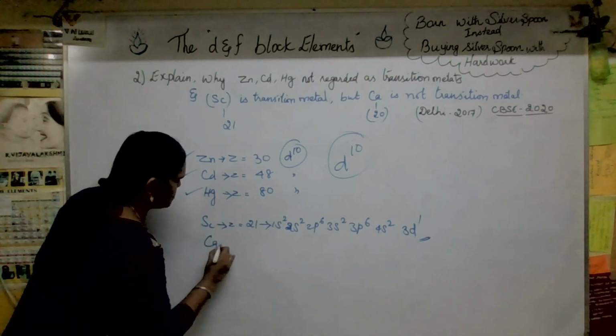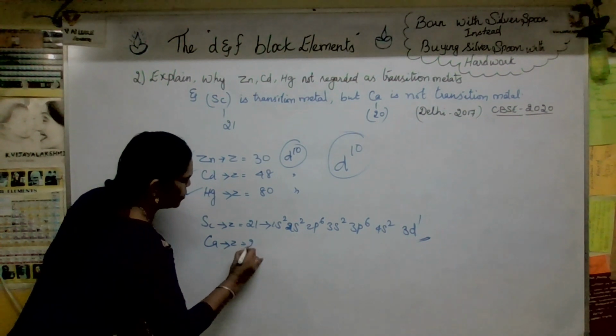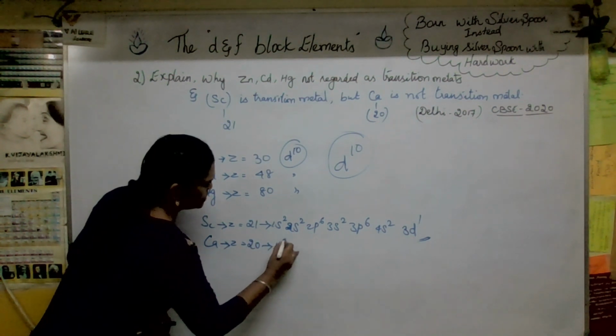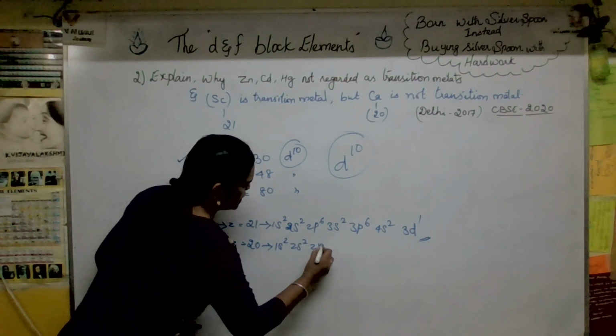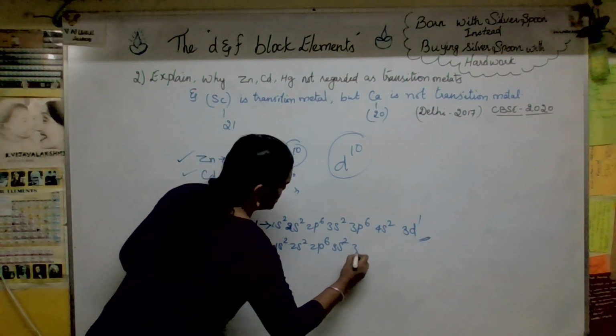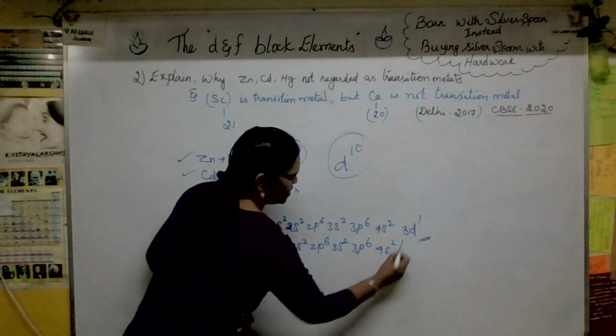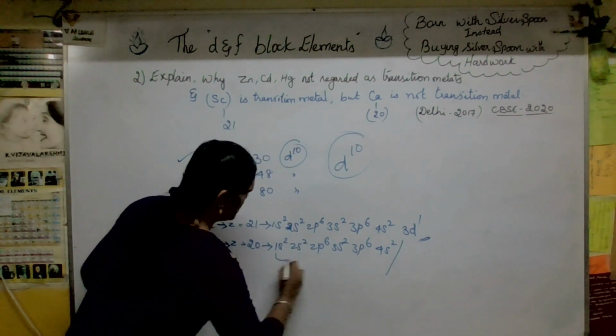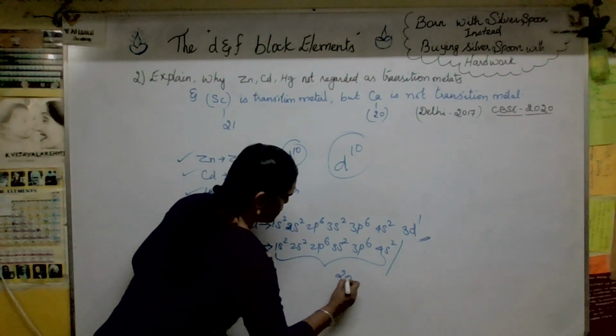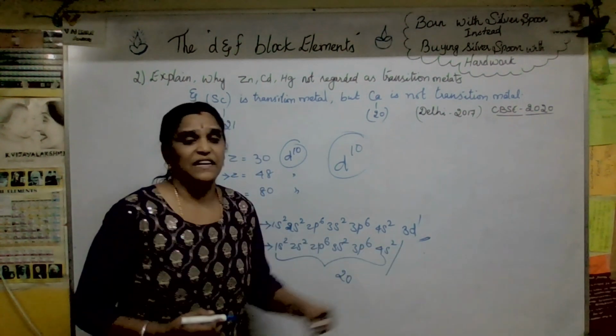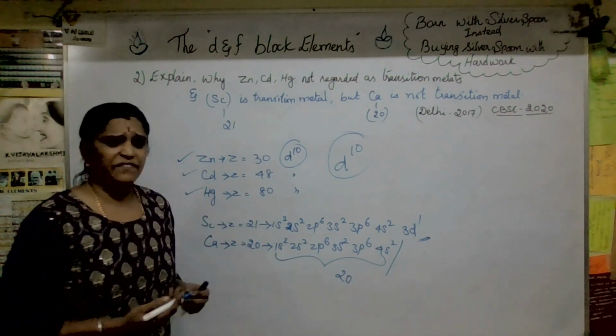Whereas calcium, atomic number 20, is 1s2, 2s2, 2p6, 3s2, 3p6, 4s2. It does not go further. It's 20, it doesn't touch the d orbital. So naturally it does not have that property of a transition element.